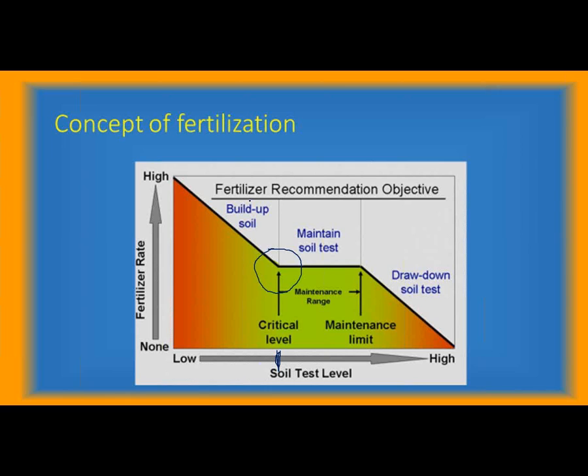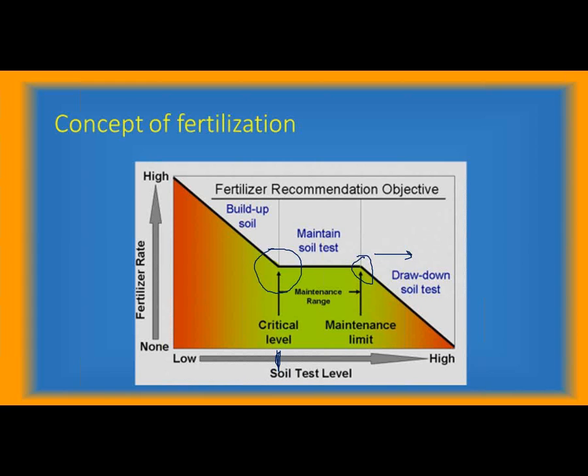So that would be either the year before the fertilization or 2 years after fertilization, because you may in some cases do a biennial fertilizer application ahead of corn and then not fertilize ahead of soybeans. So you may have that kind of a scenario. If you're way out here on this other side and you are up at this maintenance limit and you're past it to this direction, then that means you don't need fertilizer, okay? Because you've got a high enough soil test that crop is going to be fine without additional fertilizer.